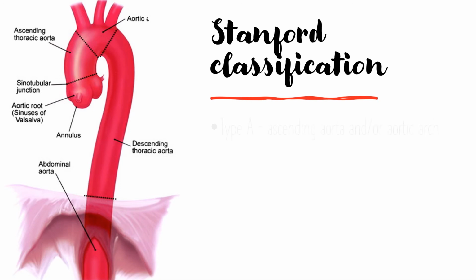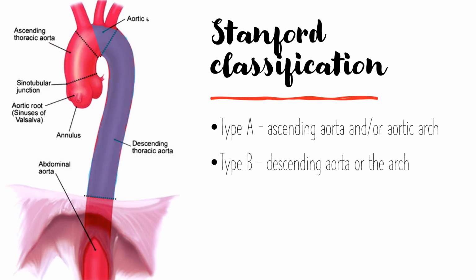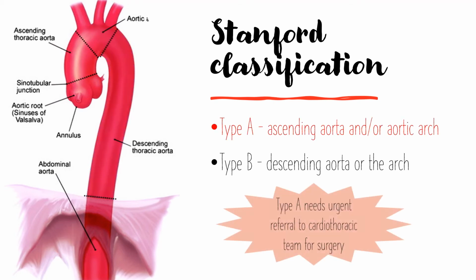If it occurs in the ascending aorta and or in the aortic arch, then that is type A. If it occurs in the descending aorta or the arch, that is type B. This is really important because it affects the treatment. All patients with type A thoracic dissection should be considered for surgery, and you should get urgent cardiothoracic advice, whereas type B may be managed medically.